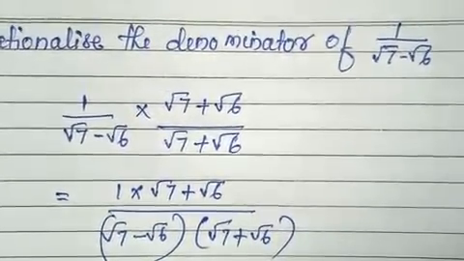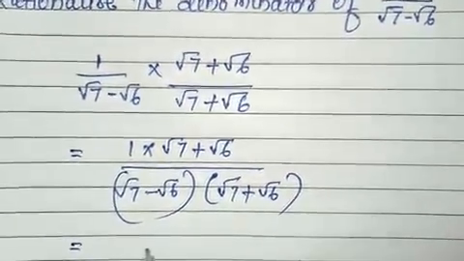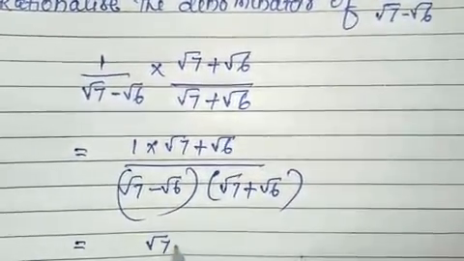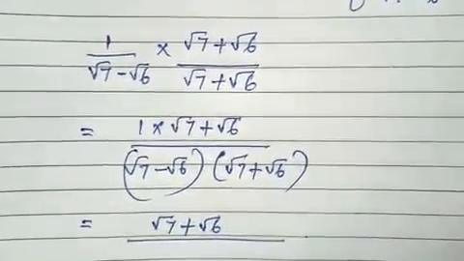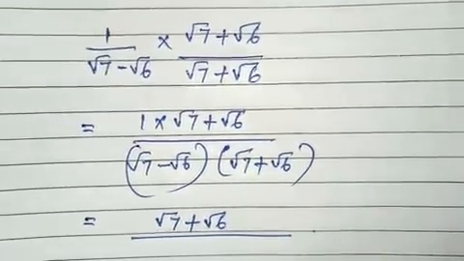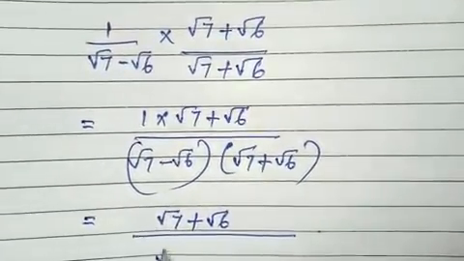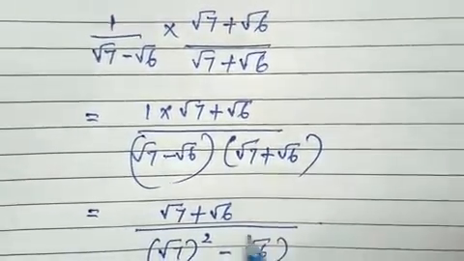So here 1 into root 7 plus root 6 will be root 7 plus root 6, divided by, which identity should we apply over here? a plus b into a minus b, that means a square minus b square. a square is root 7 square, b square is root 6 square.